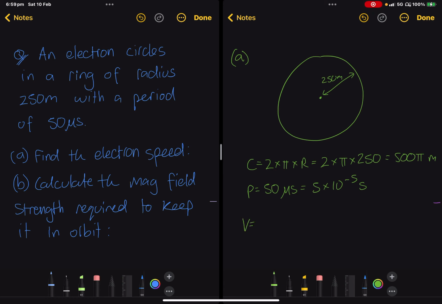So the velocity in this case is going to be 500 pi divided by 5 times 10 to the minus 5. And if we put this in the calculator, this will give us something in meters per second.